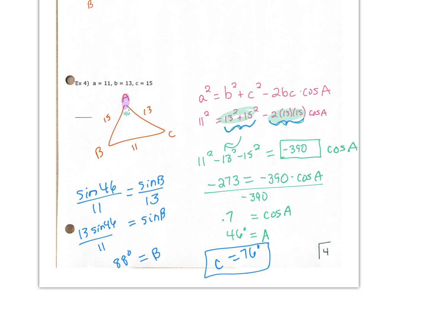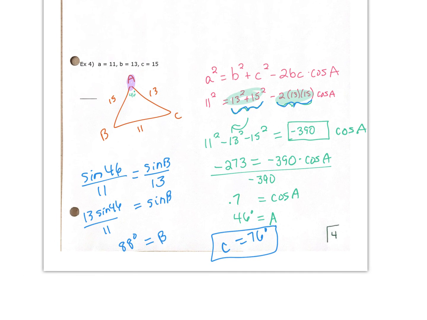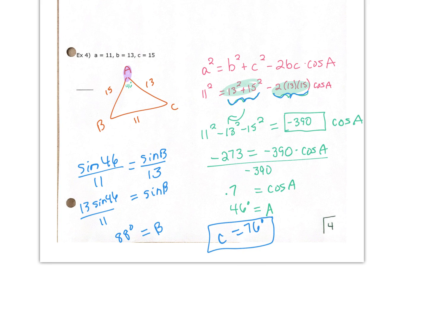All right, questions? Is it 46 or 76? A is 46, B is 88, and then you get that C, I think, hopefully. A is 46, B is 58. Yeah, somebody do the math for me there. Because I got for C, I did C to B, and I got like 79.